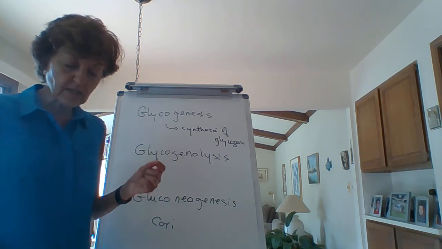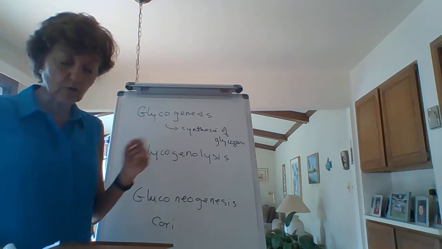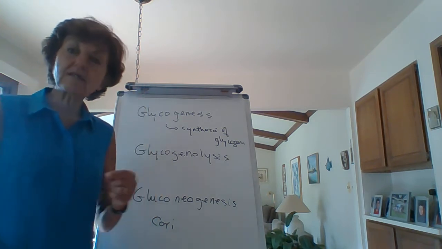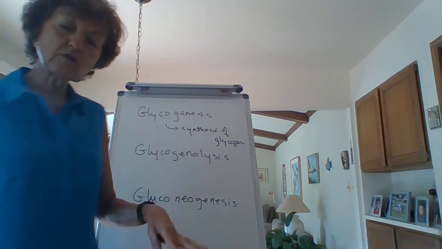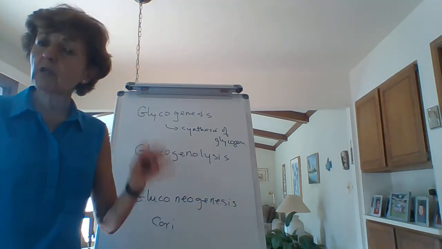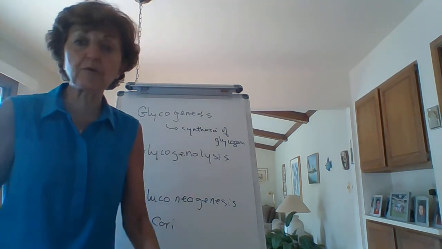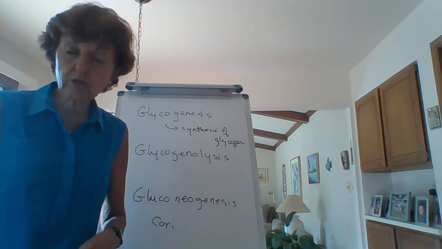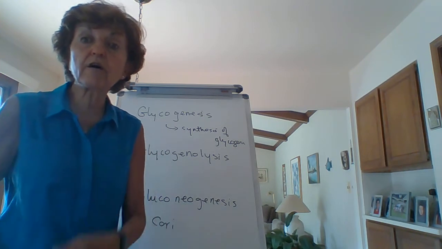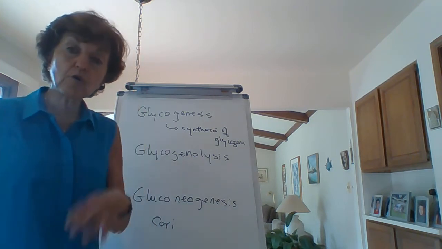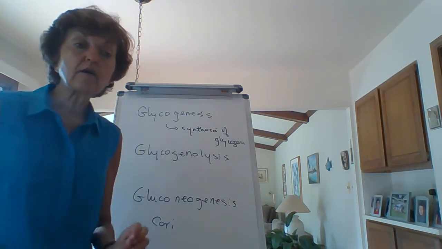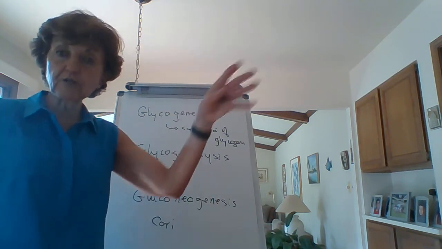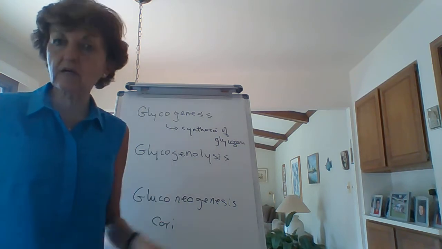The other term is glycogen lysis or glycogenolysis. What does that mean? It is the lysis of glycogen. Let's say your blood glucose level goes down. You are starving. You forgot to eat breakfast. You haven't been eating. So your glycogen, or you started to do a marathon, your glycogen has to be broken down and glucose goes into the bloodstream to go feed your brain and whatever cells need the glucose.